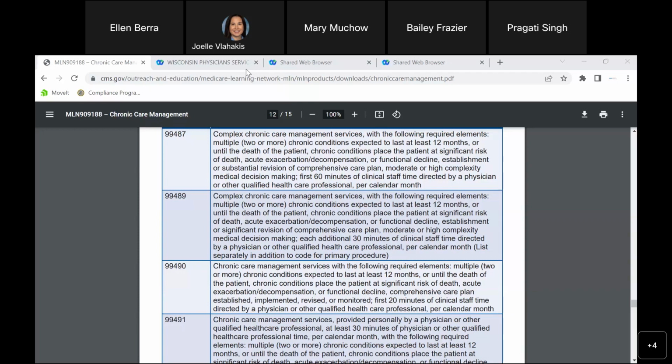No, it's not a change, and to be honest, I have seen where CMS has said it is defined by CPT. In the particular version of the CPT book that we have access to, I can't find that definition.